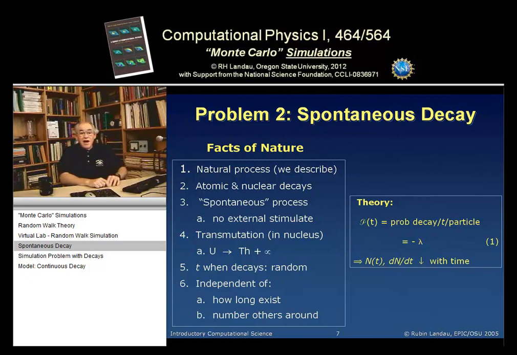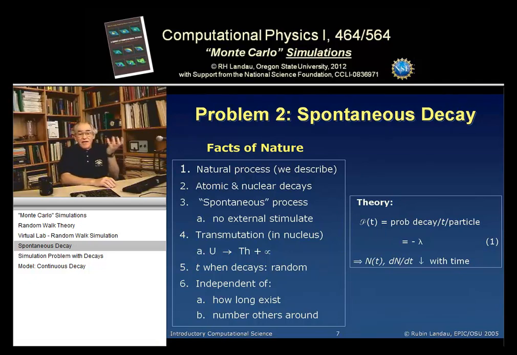It's independent of how many other atoms are nearby it, to a good approximation, other than when you build a bomb and you put enough atoms closer together they begin to influence each other, but we won't get into that. So, in the box here on slide 7, our single equation is a way of summarizing as best we can how we can describe nature.